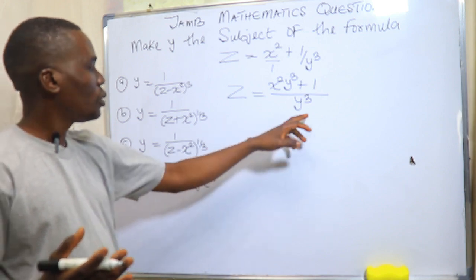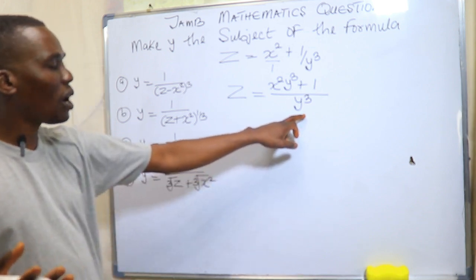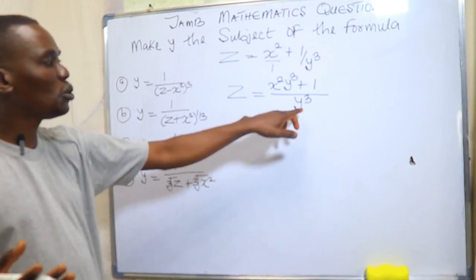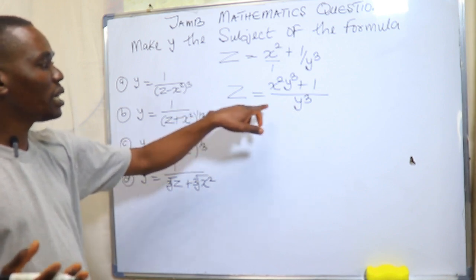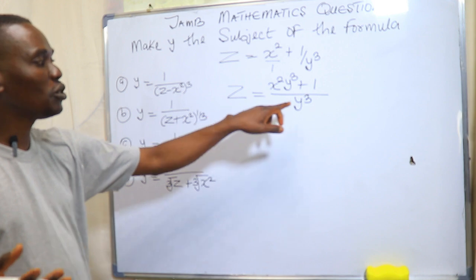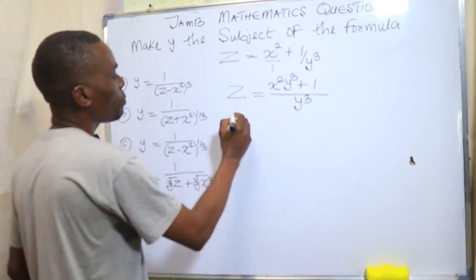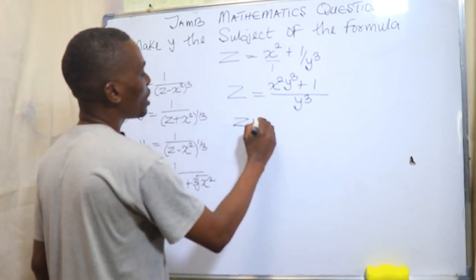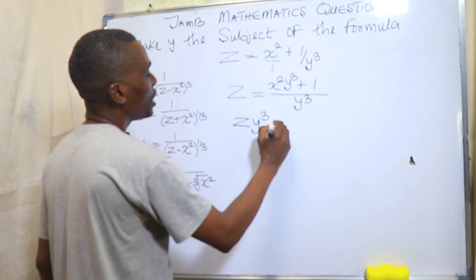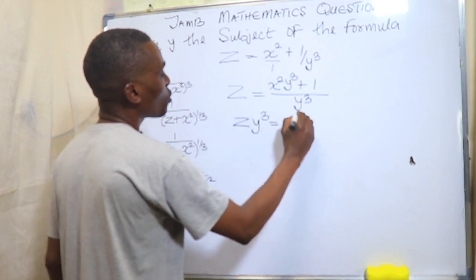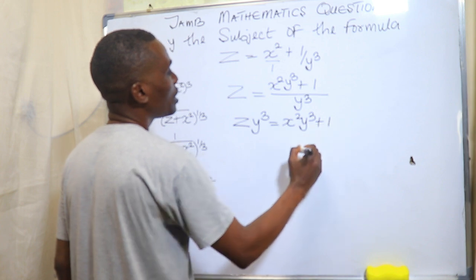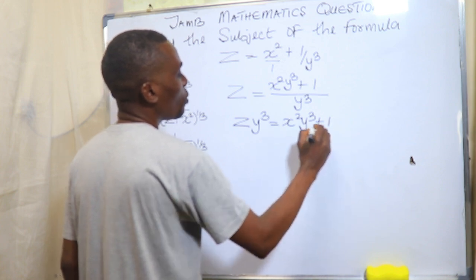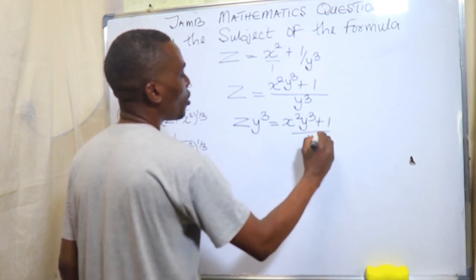Now for us to remove this y to the power of 3 here, we need to multiply both sides by y to the power of 3. So if I multiply here by y to the power of 3, I will get z y to the power of 3, and that will be equal to x squared y to the power of 3 plus 1, right?